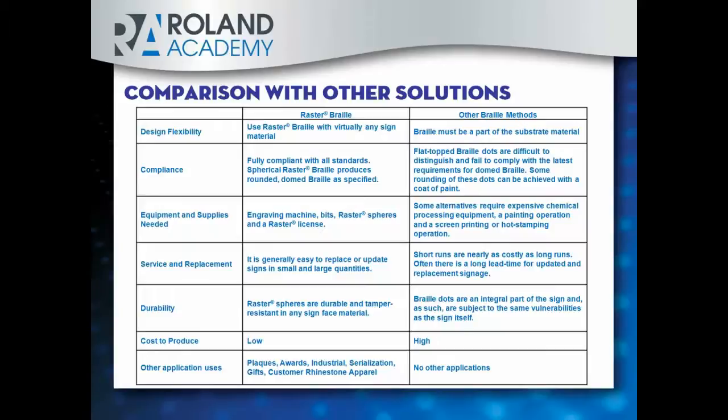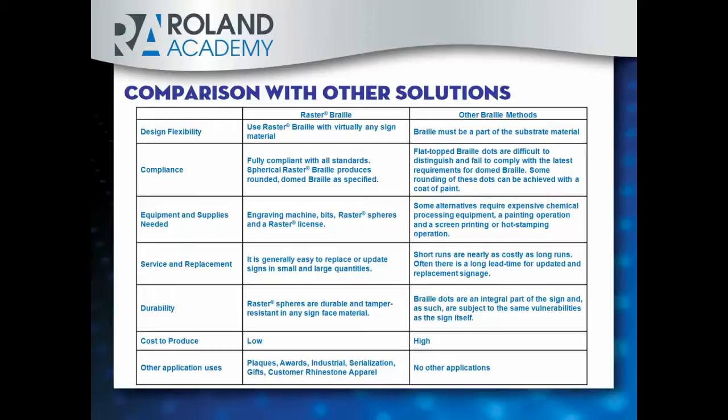Service and replacement. Okay, with an engraving system, it's easy to do updates or replacement. So, say somebody needs just one sign replaced. It's a lot more cost effective to do it with an engraver as opposed to photopolymer. If you guys are familiar with the whole digital printing and screen printing side of things, if I'm doing tens of thousands, or thousands of items or even hundreds, screen printing would be the way to go versus digital.